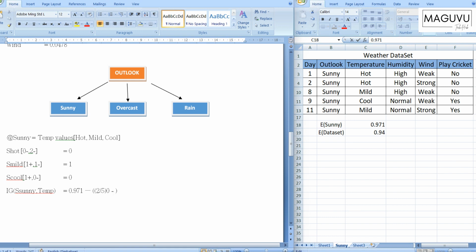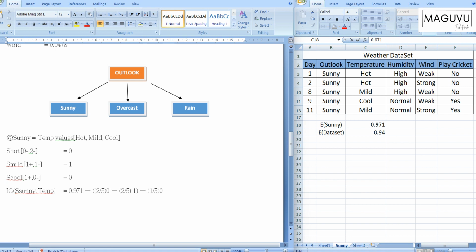And then we do the negatives, where we also consider the next value, which is again 2 divided by 5, and this time we are multiplying by 1, which is the entropy of mild there. And then we proceed and also do another value, which is 1 divided by 5 and multiplied by 0, right?